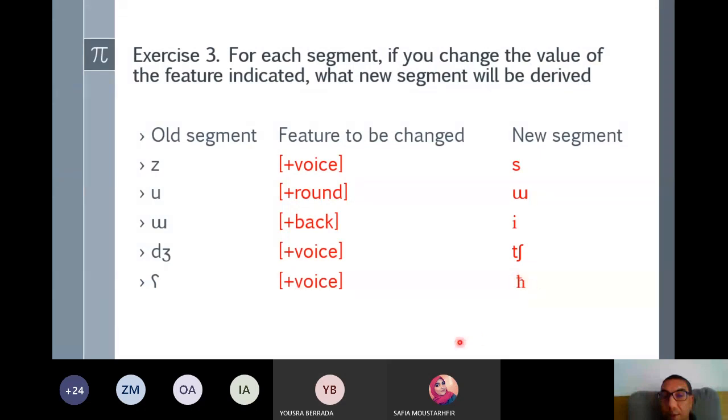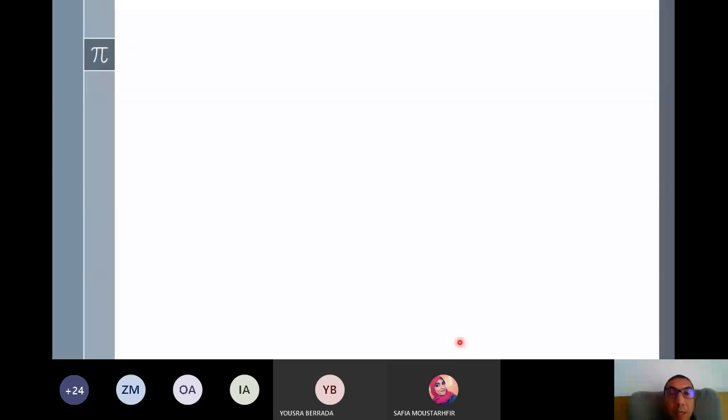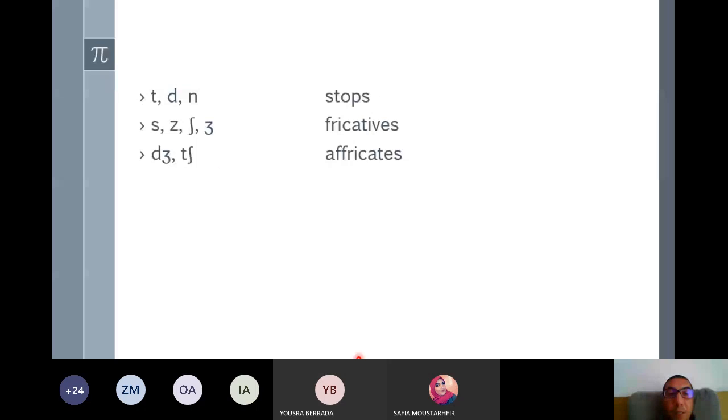Okay, we continue with another exercise, and that is, well, it's not an exercise, but it's just a review of the features. We have seen the fricatives and the affricates. We need to characterize the stop consonant as, yes?